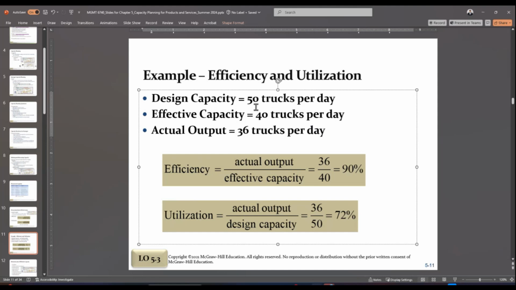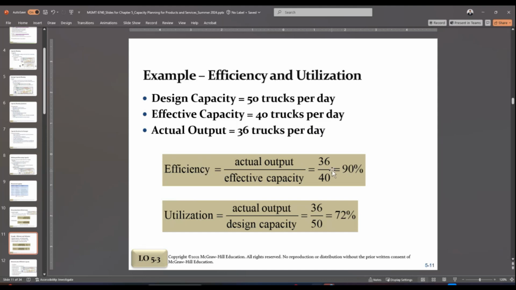So the real effective capacity the servicing company is planning for is 40 trucks per day in 8 hours. And if there were some other maintenance issues, and servicing of some trucks took extended time because the right employee was absent that day, or there could be multiple issues, then they only service 36 trucks.